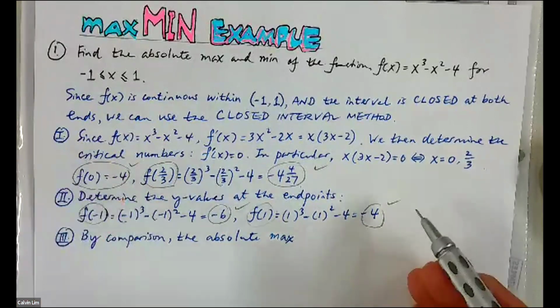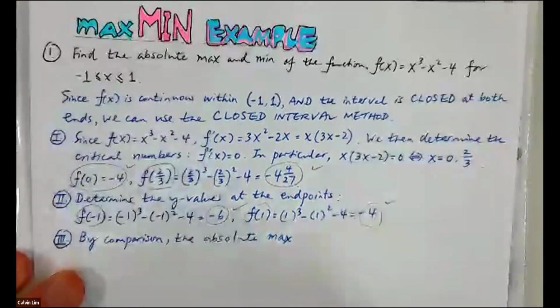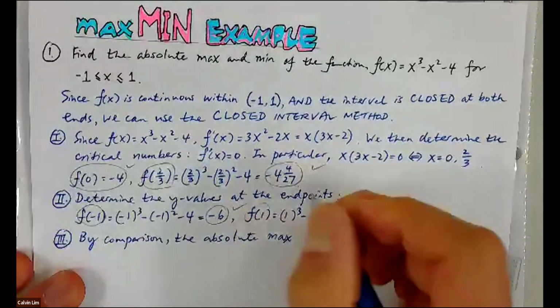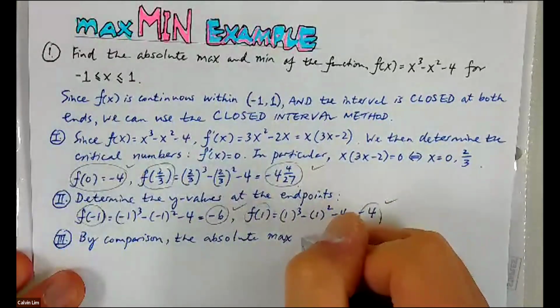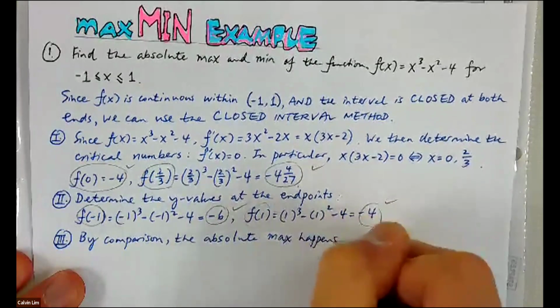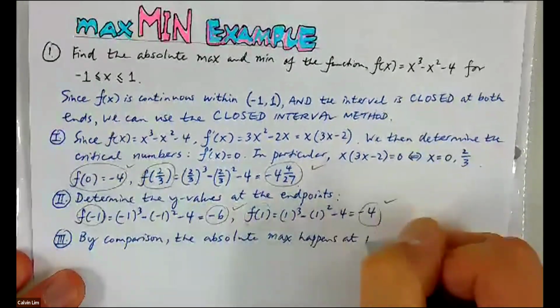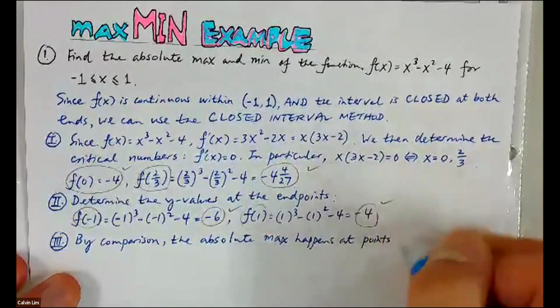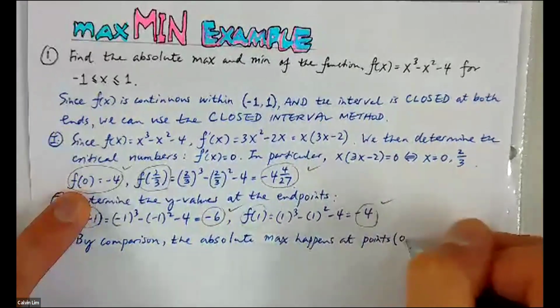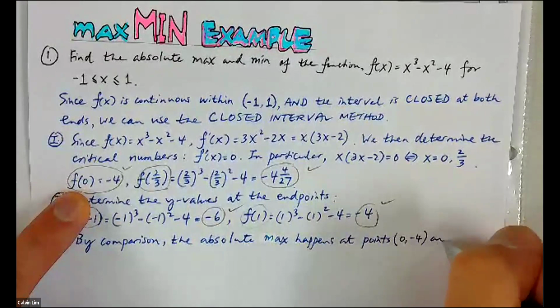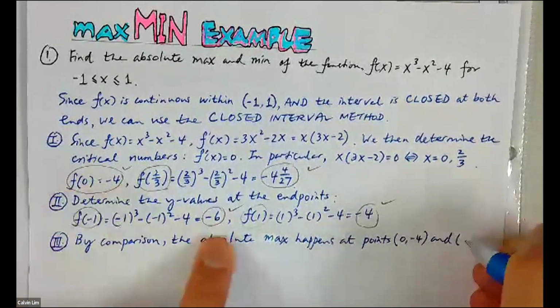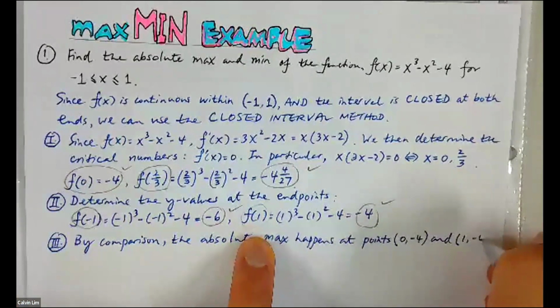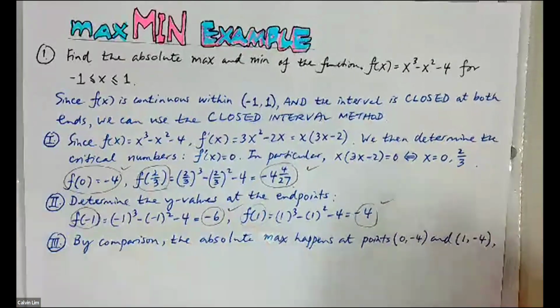It's still the largest y value. So the absolute max happens at, well, now we have 2 points that have this y value: (0, -4) and (1, -4).